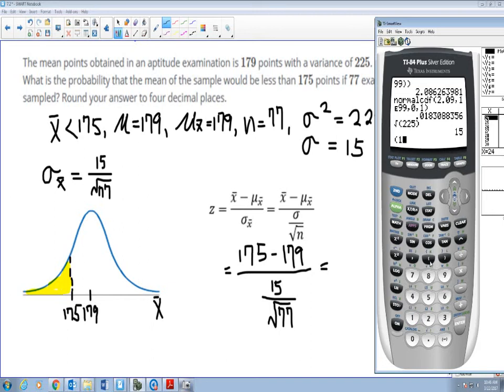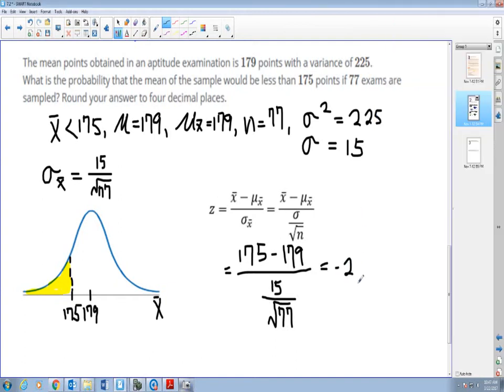So I'm going to type in 175 minus 179 in the calculator first, in parentheses, divided by parentheses 15, put the bottom in parentheses, divided by the square root of 77. Close the parenthesis for my square root, close the parenthesis for my denominator. Negative 2.34. So this 175 under the Z standard score is negative 2.34.